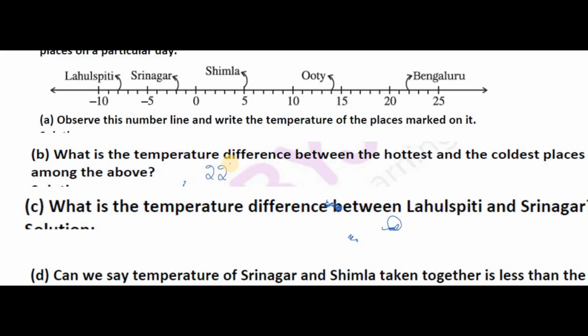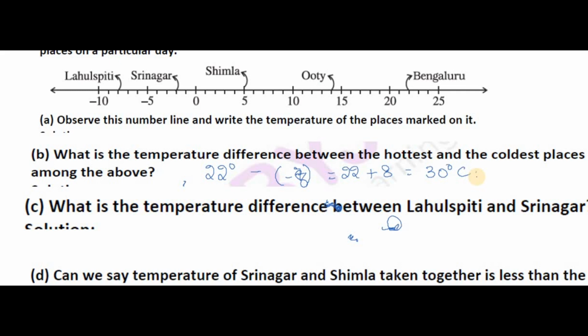So 22 degrees minus minus 7 degrees, sorry 8. So 22, as we already know that minus into minus is plus. So the difference between hot and coldest places is 30 degrees Celsius.